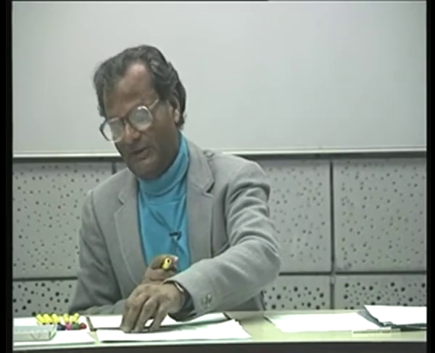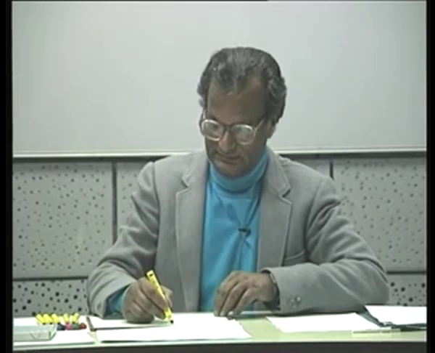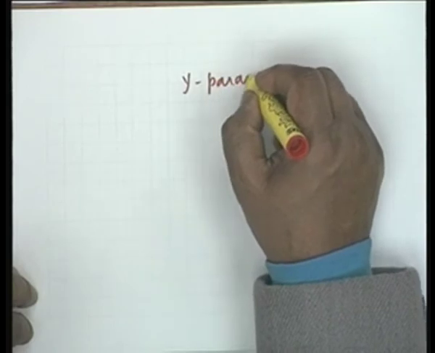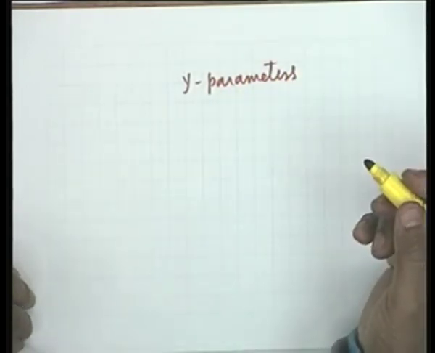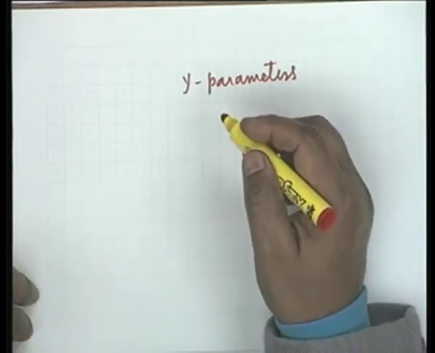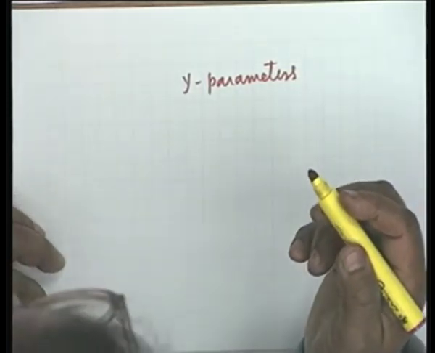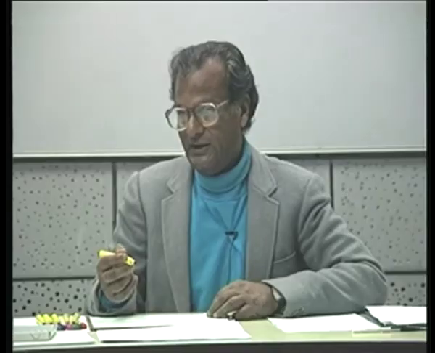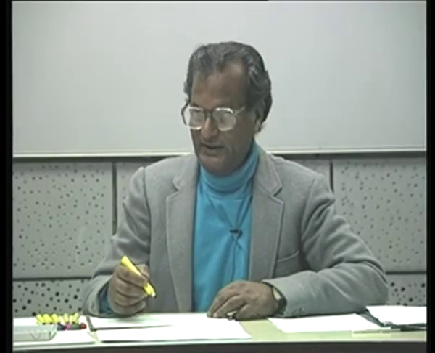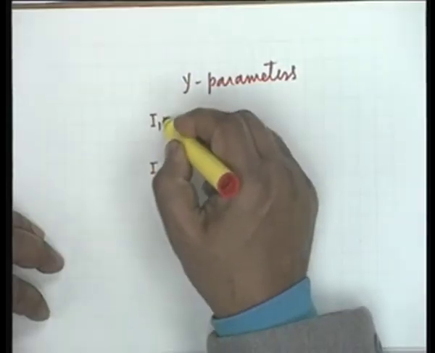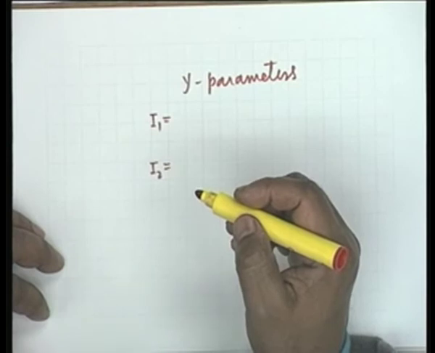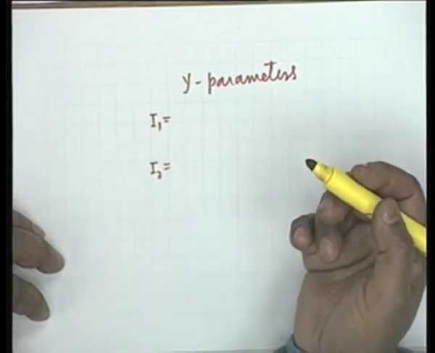Okay, we next go to the y parameters. And in y parameters, as I have told you, the independent variables are V1 and V2, the two voltages, and the dependent variables are the currents I1 and I2. So you relate I1 to V1 and V2.